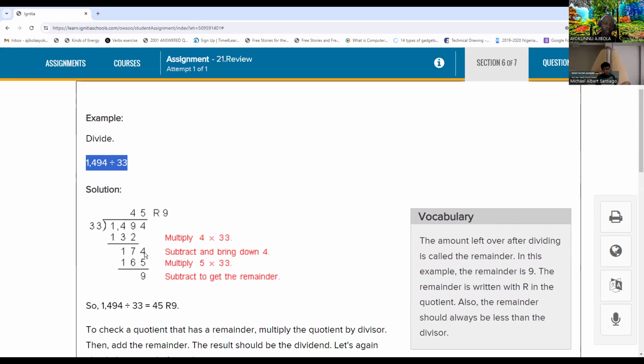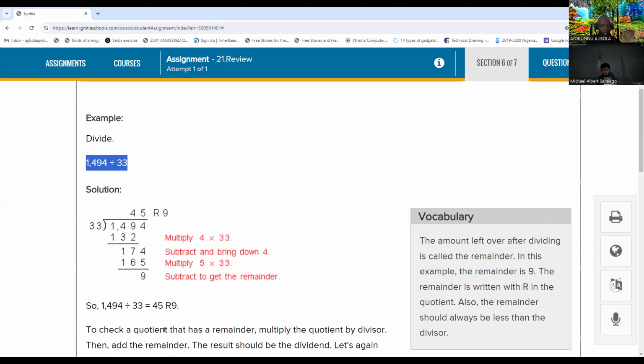Then you drop down the next digit, which is 4, right? Yeah. So 33 in 174 is 5. 5 times 33 gives 165. So 174 minus 165 is 9. In this question, Miggy, what is our remainder? 9. That's correct.